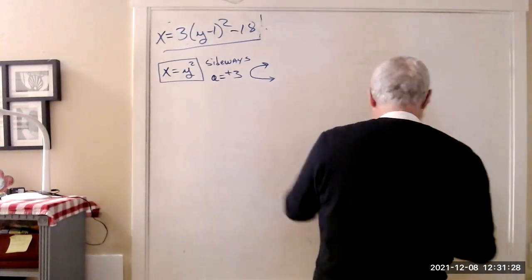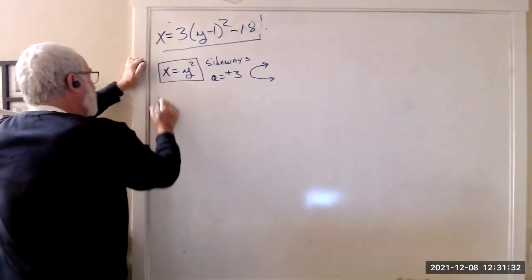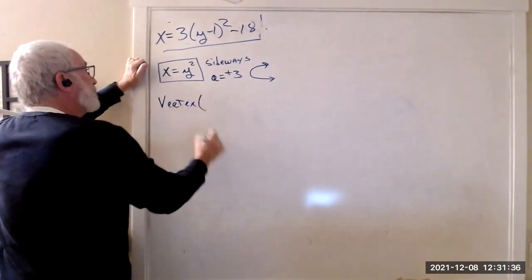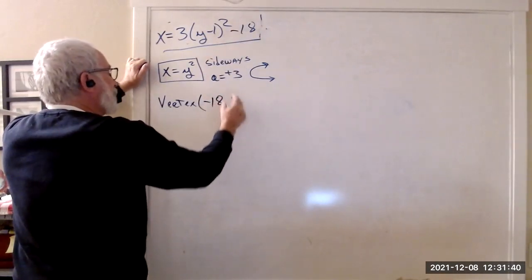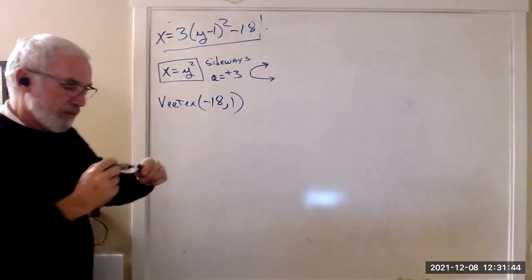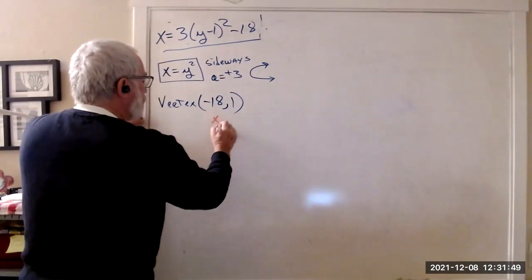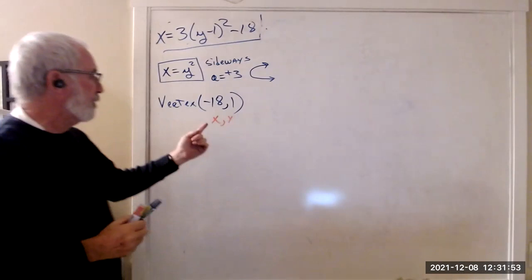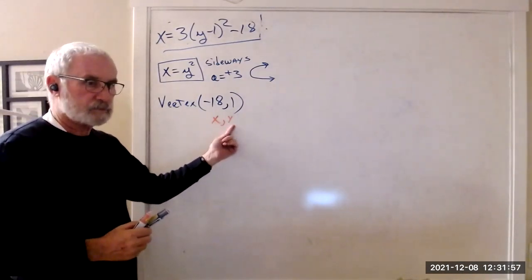All right. So we worked that one out. My vertex, be careful. My vertex is -18, 1. Remember, the vertex is x, y. When you write an ordered pair, the first number is always the x, the second number is always the y.